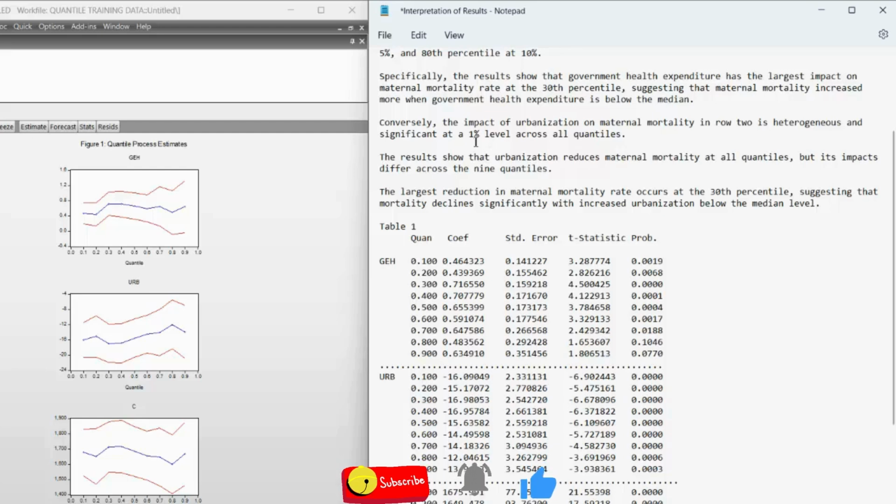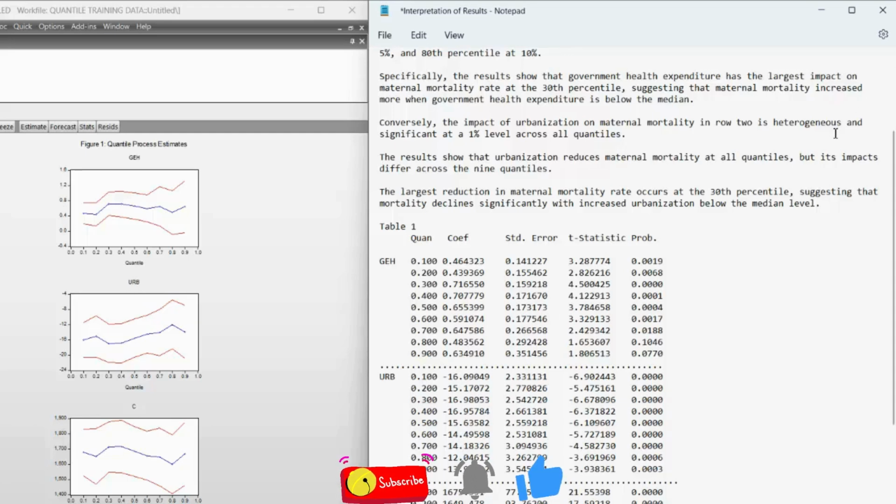So now let us look at it. Conversely, why do I use conversely? It is because this result is opposite to that of government health expenditure. Conversely, the impact of urbanization on maternal mortality rate in row 2 is heterogeneous, that is, the magnitudes, the coefficients, are not the same.